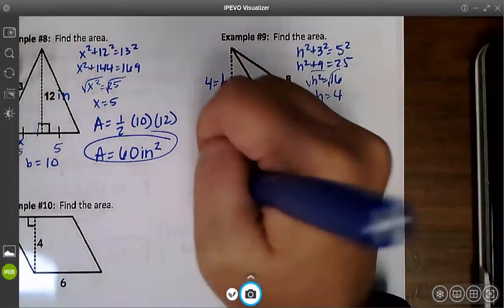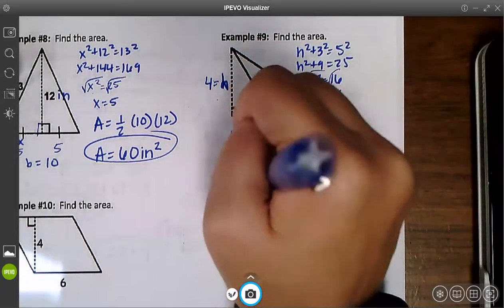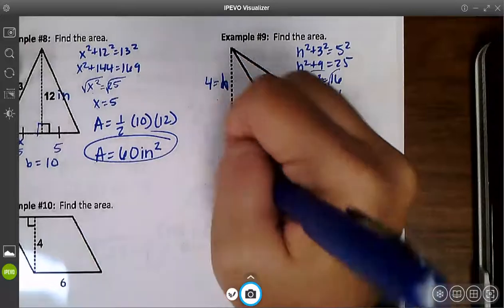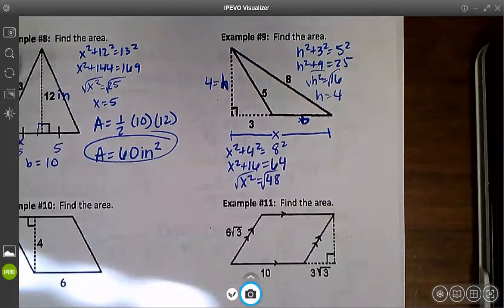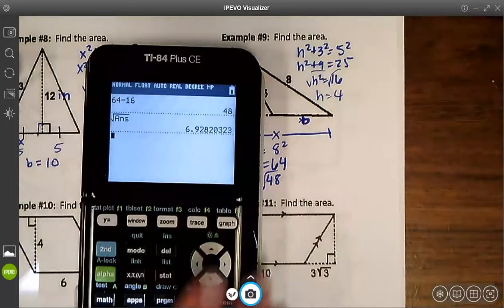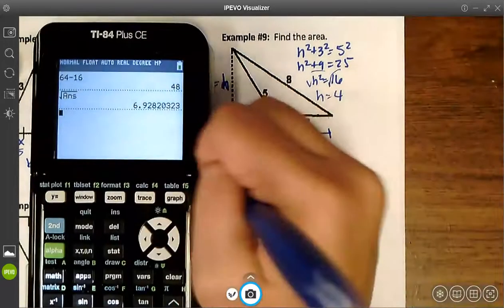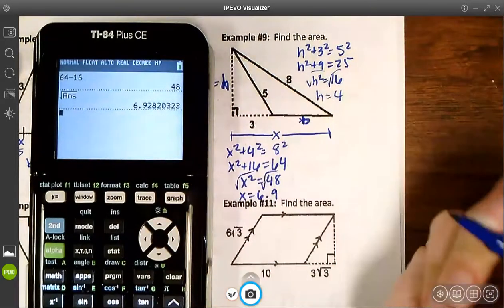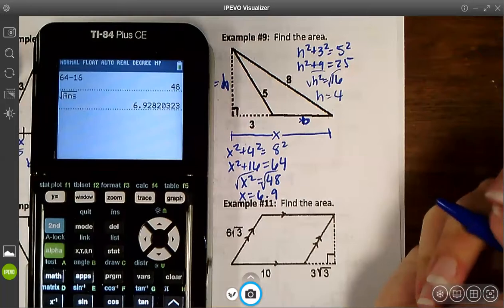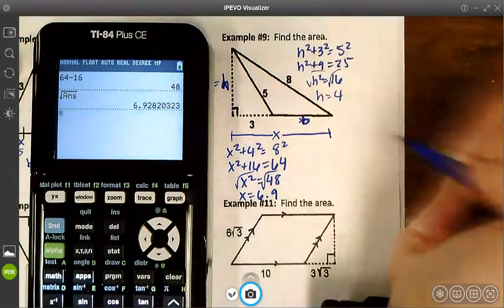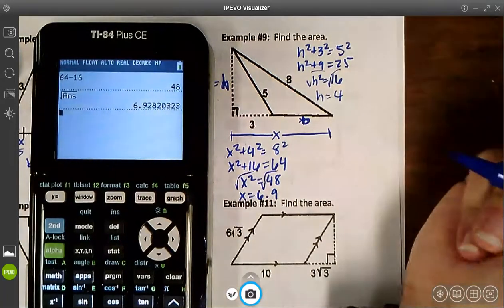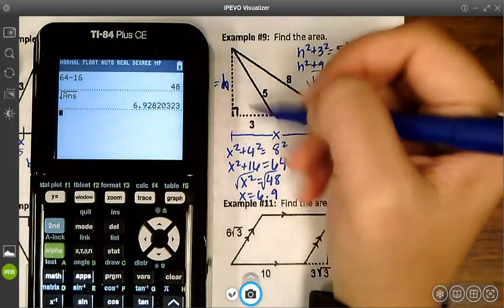64 minus 16 is 48. Take the square root of both sides, the square root of 48 in your calculator is 6.9. So the whole thing is 6.9. So the base, I'll subtract the 3 from the 6.9.